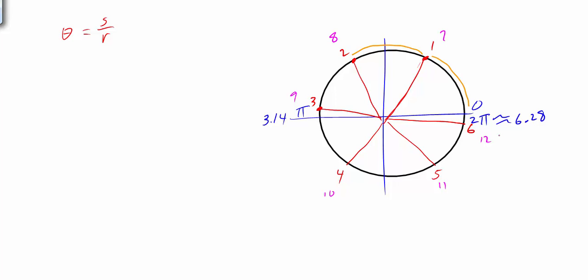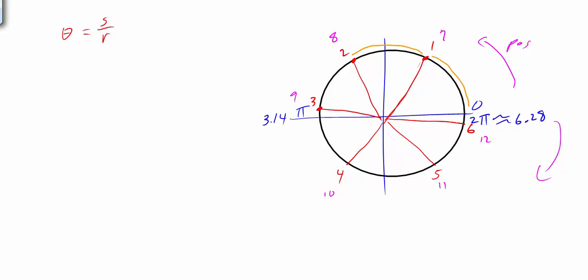Then, of course, if we were going negative 1 radian, we would be going in the other direction. So keep that in mind. All of these are positive, so this is the positive direction, and if we were going this way, it would be negative.